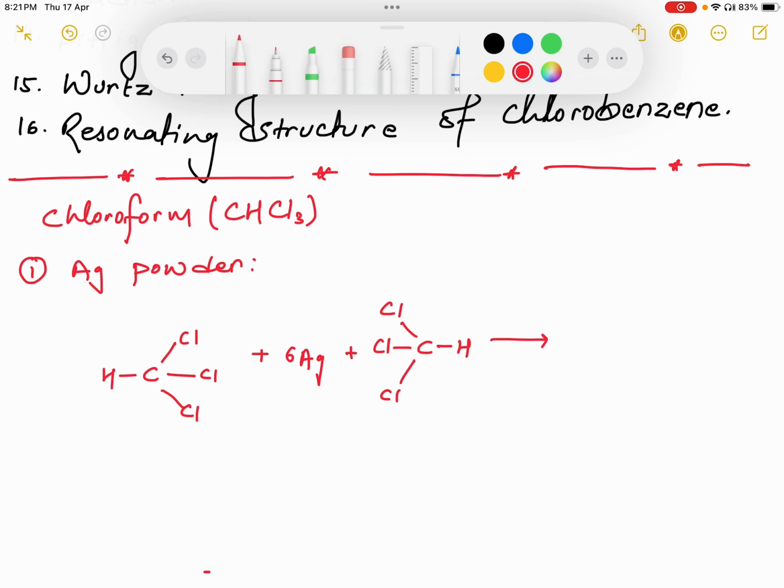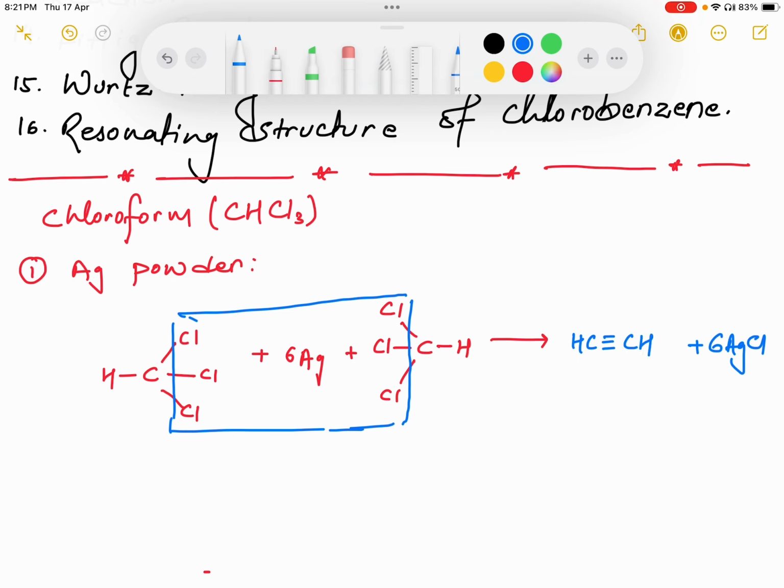These six molecules of silver will take away the six chlorine atoms in order to form six AgCl molecules, along with the liberation of CH being connected with the other CH to form ethyne. So basically what you need to remember is when chloroform is treated with silver powder, ethyne is formed.